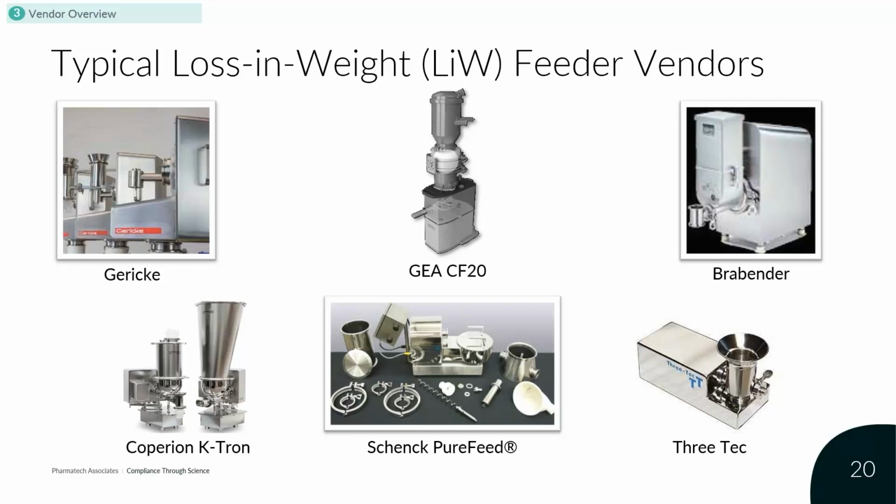Each of these brands has meanwhile developed its own specific technologies. You can test them with these vendors, and then you can feel and learn about their experience. And so the best way to choose the right loss in weight feeder is by testing and looking into this very closely.